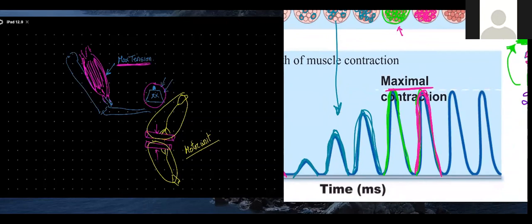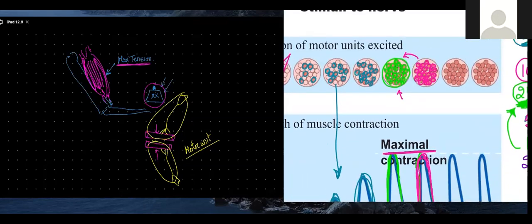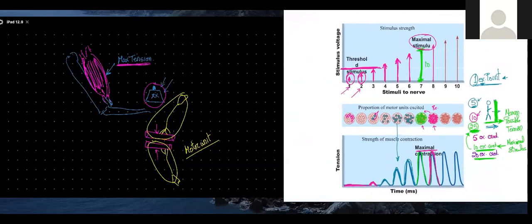What is the maximal contraction again? Maximal contraction is the contraction that you're gonna reach whenever you recruit all muscle fibers. This allows you to reach the maximal contraction. What is the maximal stimulus?